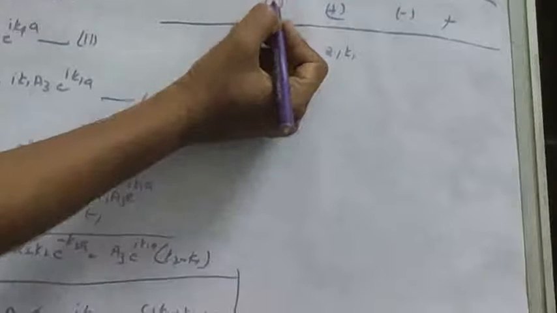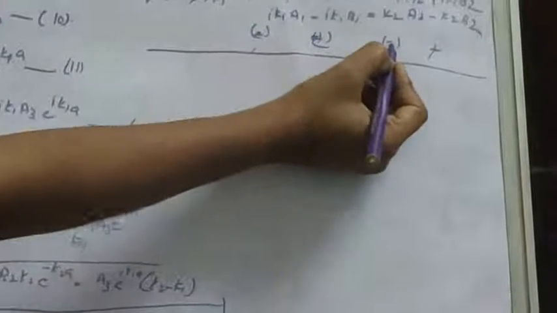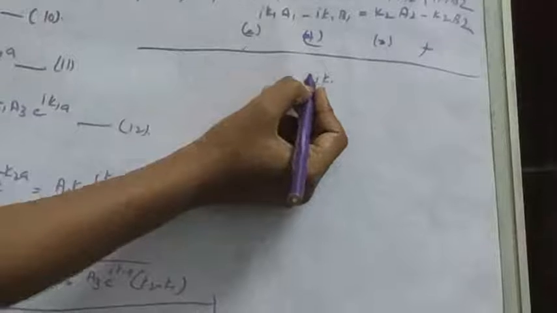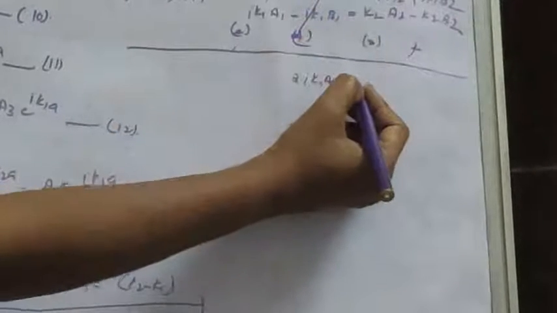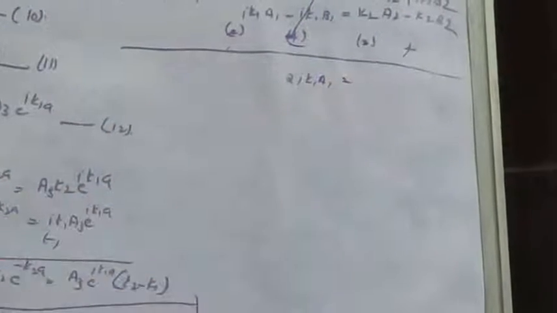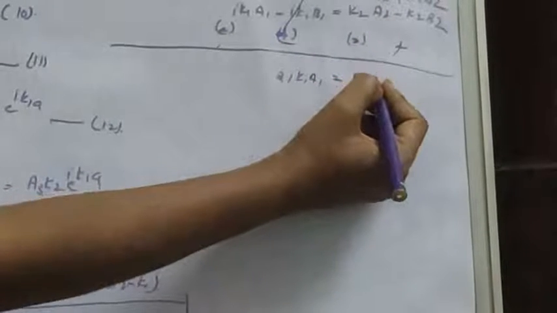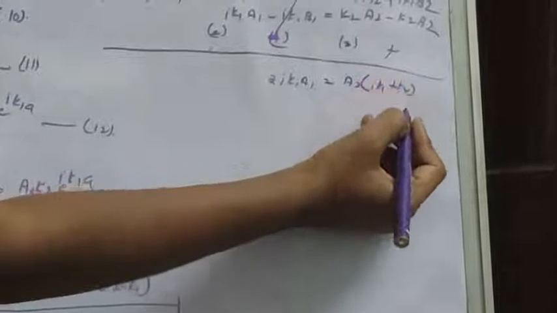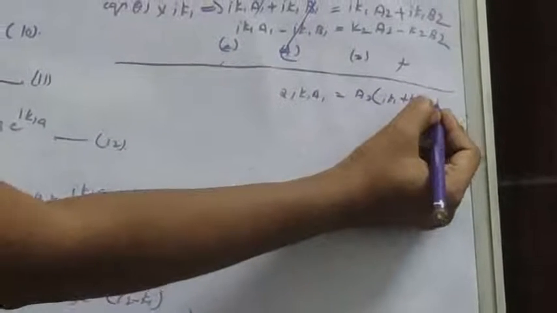Now here, directly we can take, so what you will get? 2ik1 A1. Here these two terms get cancelled. Is equal to A2, I am taking common. If you take A2 as common, what you will get? ik1 plus k2. Next, plus B2, I am taking common.